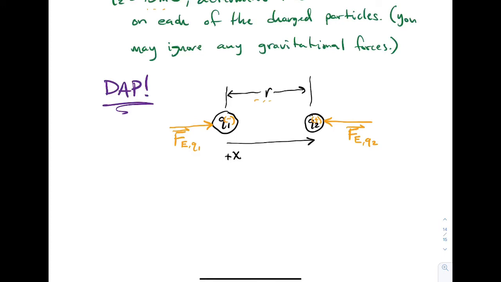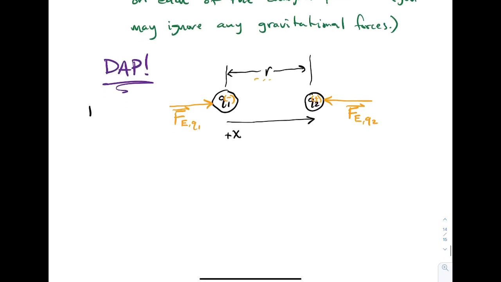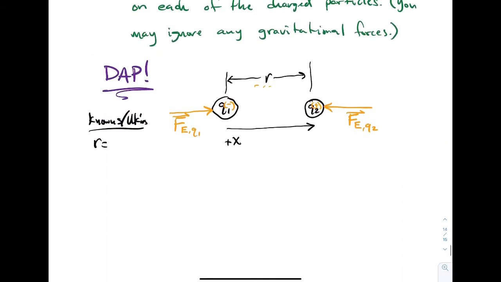Once we have a nice picture like this, we can put our knowns and unknowns. And so we'll have the radius, which was 5 micrometers. Sometimes people call those microns. 5 times 10 to the negative 6 meters. We know Q1 was negative 10 times 10 to the negative 3 coulombs. Q2 was 13 times 10 to the negative 3 coulombs.